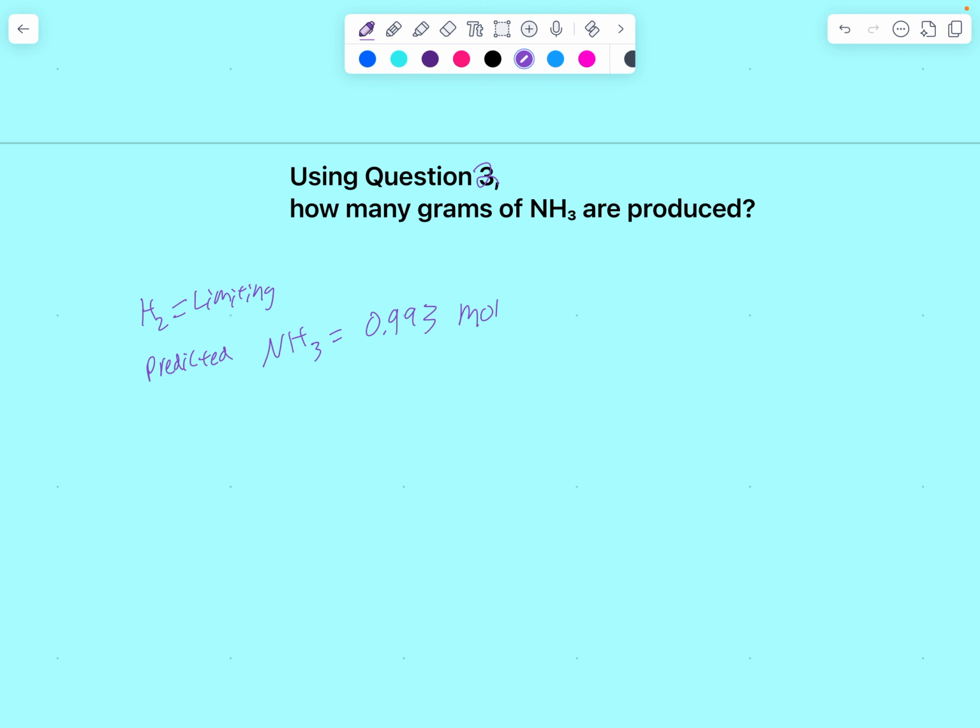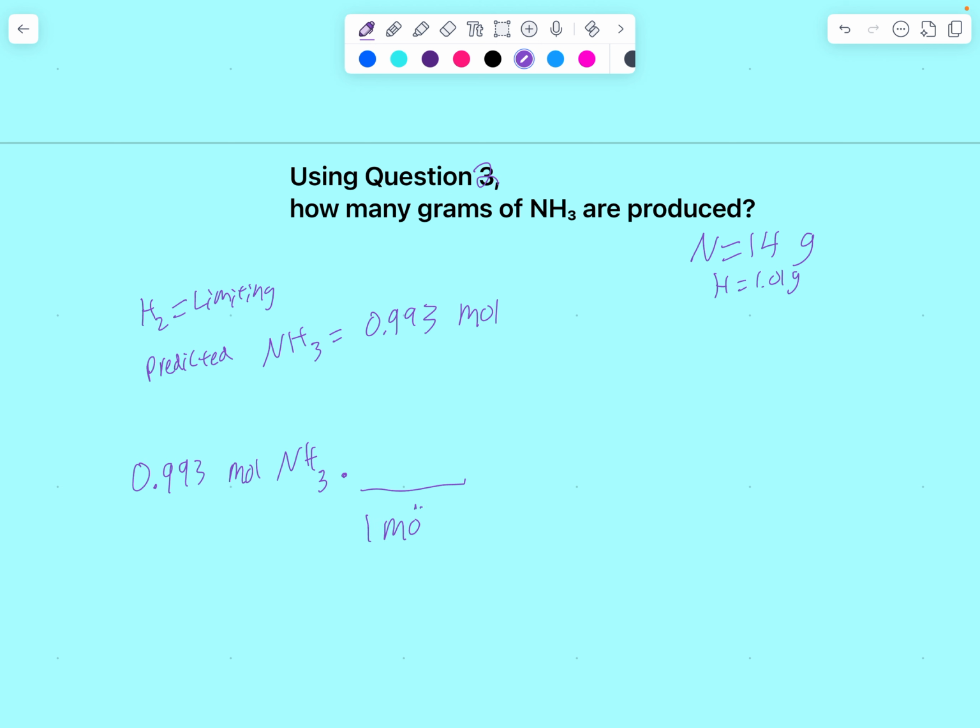All right. So, how many grams of NH3 are produced? So let's just pick up where we left off, you guys. 0.993 moles of NH3. Well, I know that N is about 14 grams, and then every H is 1.01 grams. So what's 14 plus 3 H's? 17.03.